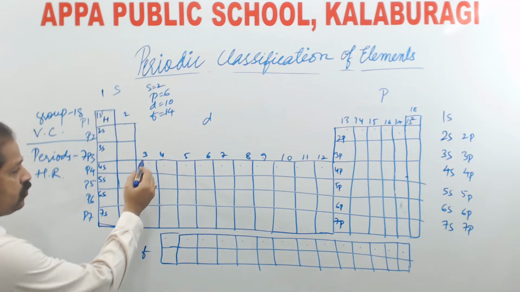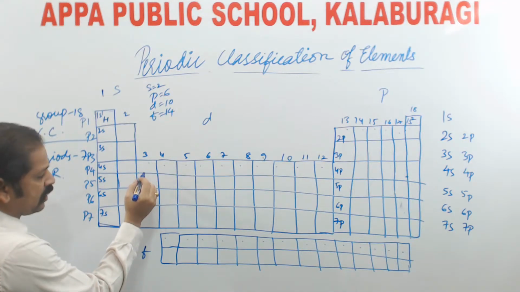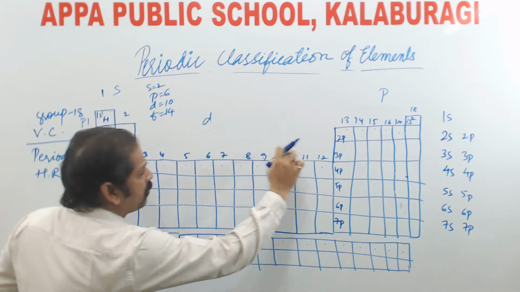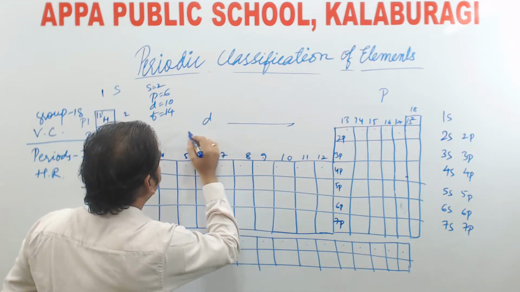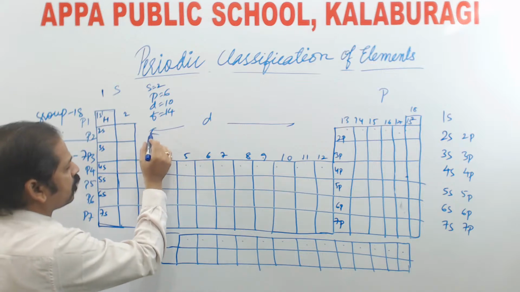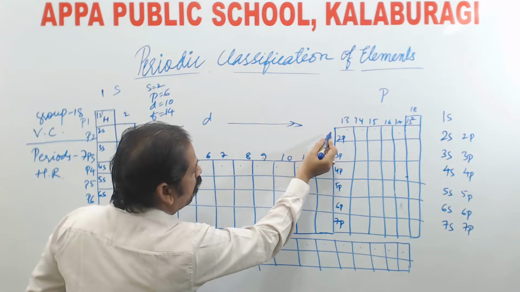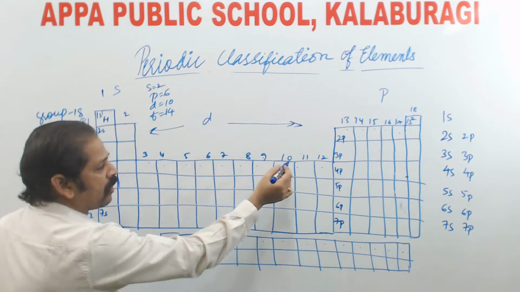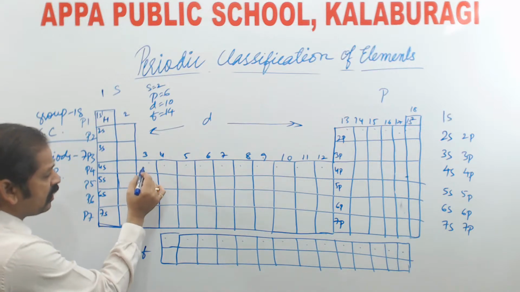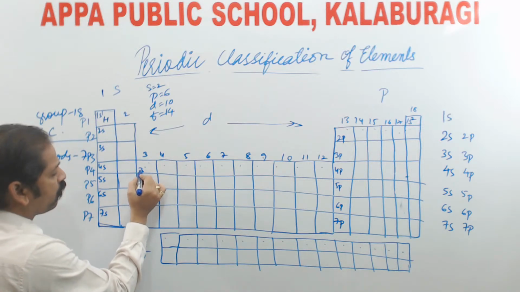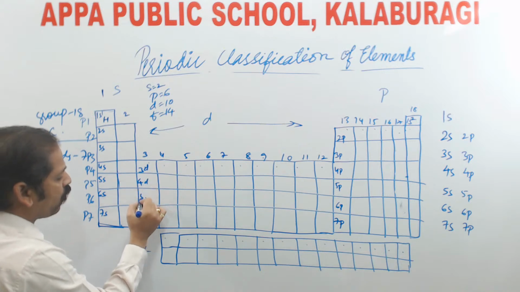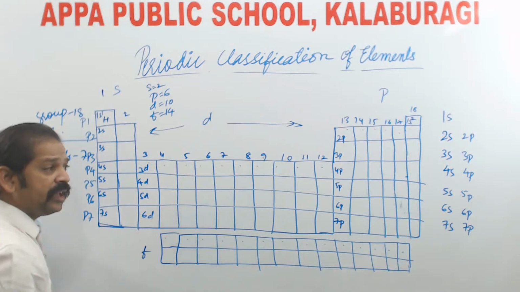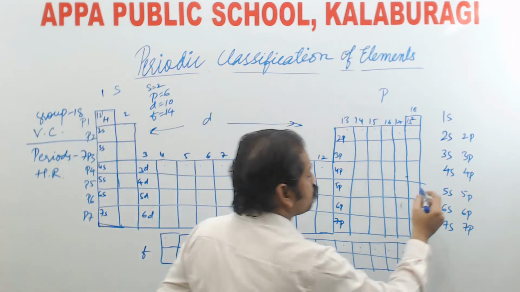Then the D block. The D block starts here and goes until here. Groups 3 to 12 are the D block. How many are there? 3d, 4d, 5d, 6d. D starts with 3.